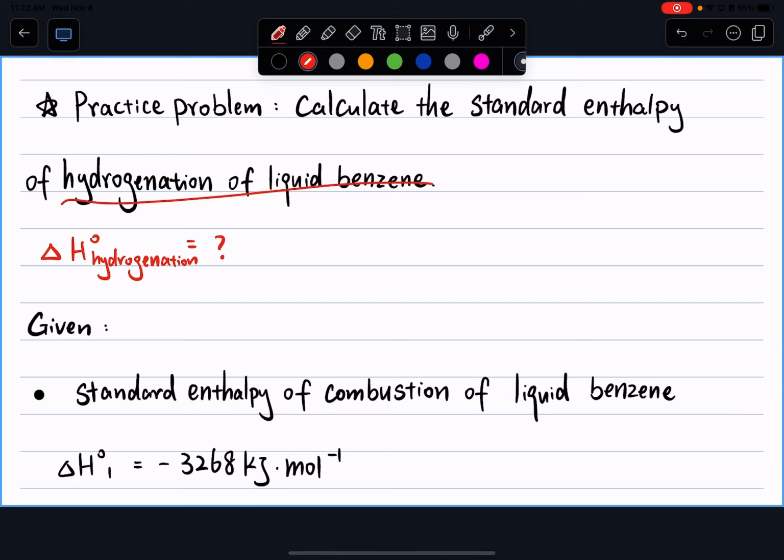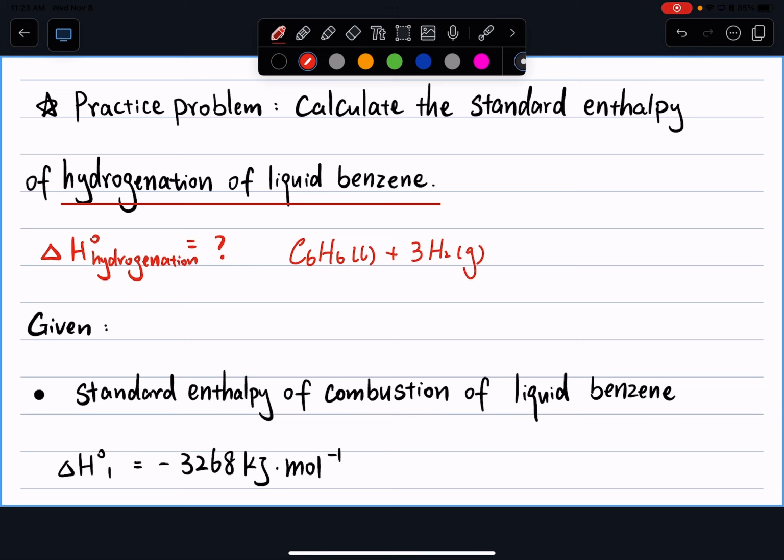We're talking about the hydrogenation of liquid benzene, so we have C6H6, the molecular formula of benzene in liquid form, plus hydrogenation, we're reacting it with hydrogen, so 3H2 in gas phase, and it leads to the product, which is your cyclohexene. So these are my reactants, and your cyclohexene is our product.